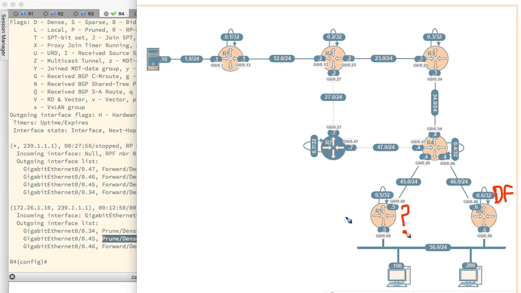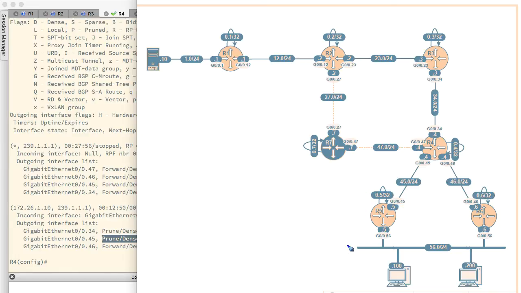Well, there's a couple of things we can do. We can change the metric preference. So we can raise the metric preference of OSPF as a whole. We can change the metric. We can make the metric a little bit better, maybe change the link speeds or something like that. Or maybe we can change the IP address.